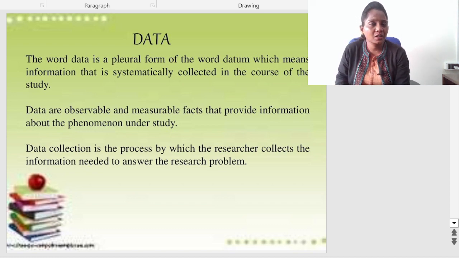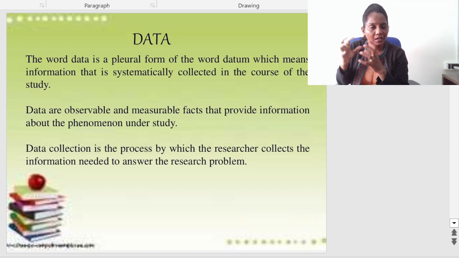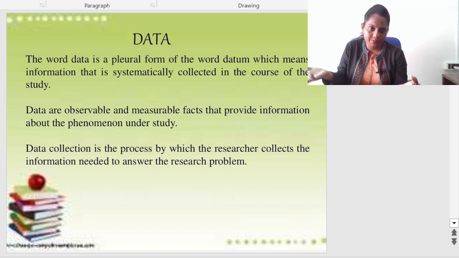You have to propose that you are going to implement this kind of project work, and then you have to think what methods I can use to collect the data from the samples, because samples are the main sources where we collect information on different aspects.